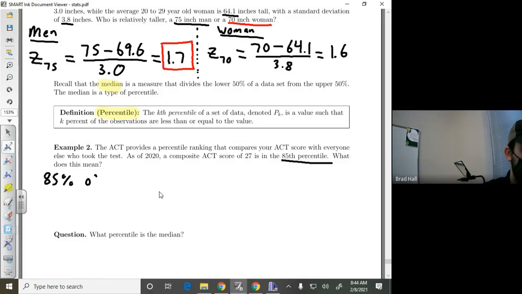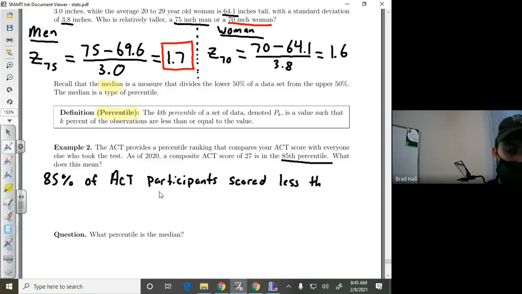85% of ACT participants scored less than or equal to the provided observation.